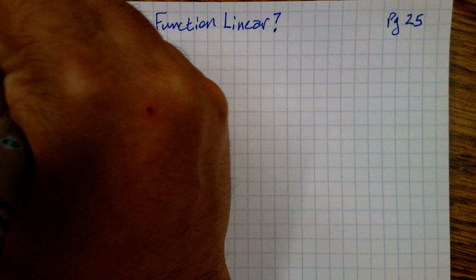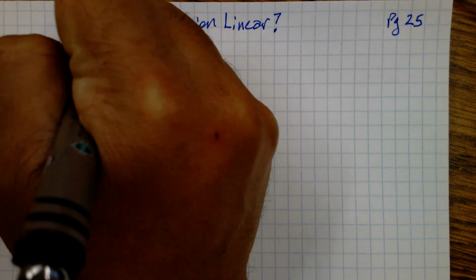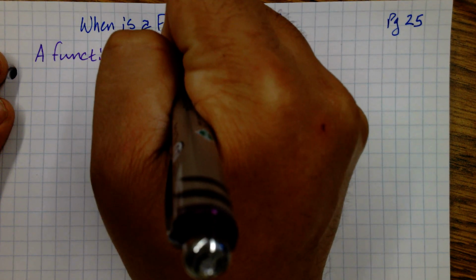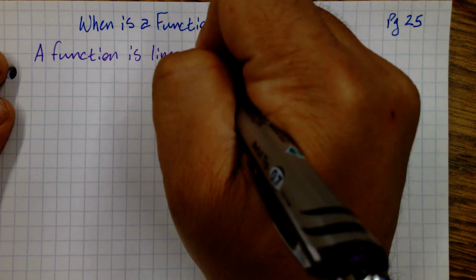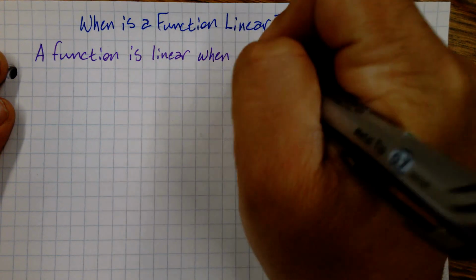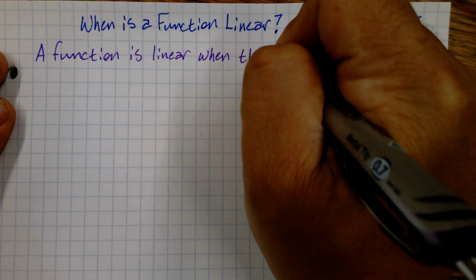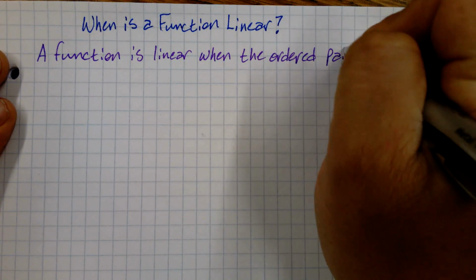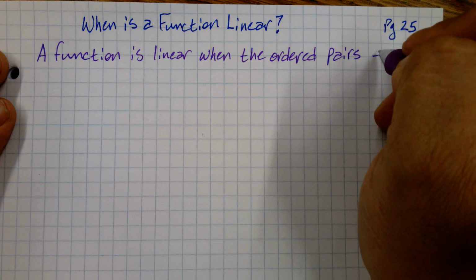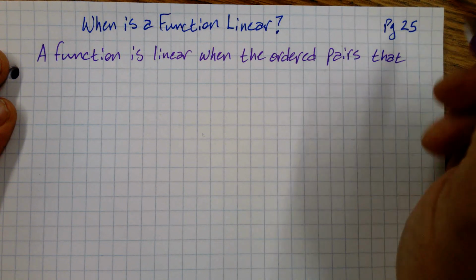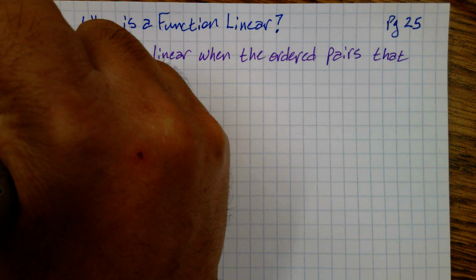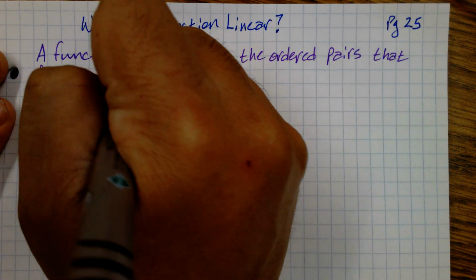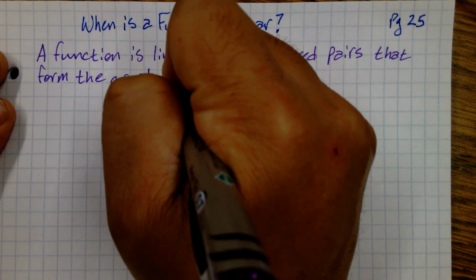A function is linear when the ordered pairs that form the line or that form the function, I should say that form the graph, make a line.